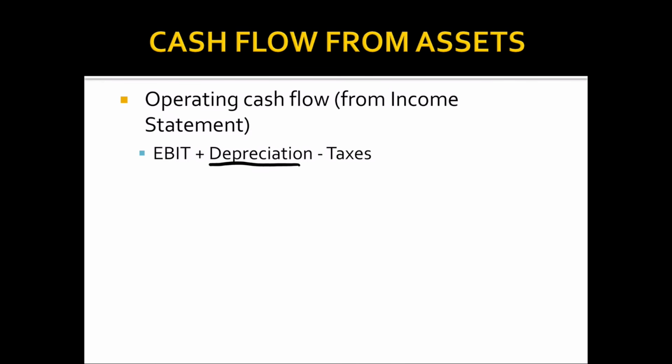And then we also don't want to include interest, which is excluded in EBIT, since that is a financing expense. Your interest expense, what you pay on your debt obligations, is something that will go into calculating our discount rate, something that we'll cover later on. So don't worry if you're confused about this discount rate discussion.